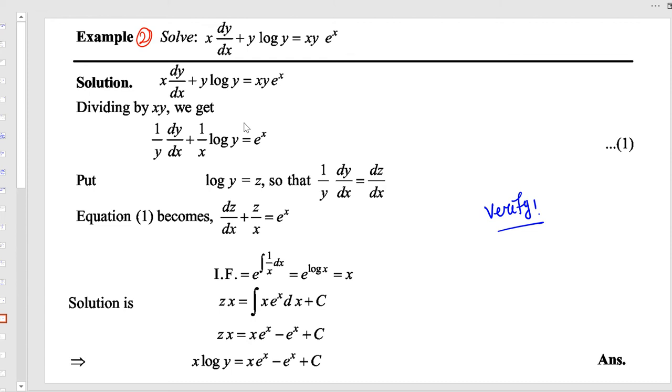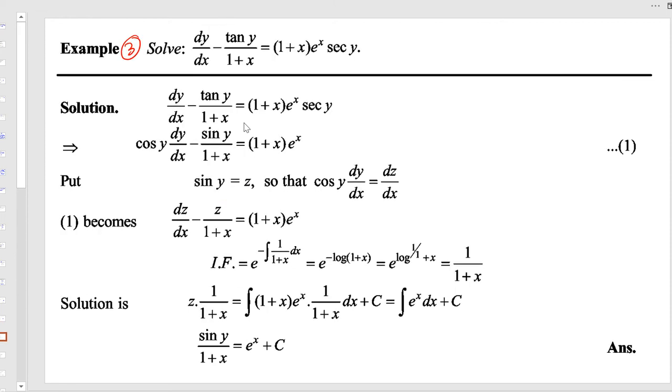But this substitution is very important. What would be the substitution actually? What do we need to substitute? Similarly, as an exercise, you should verify this also. If you go through it, you will understand. Nothing much to explain here.